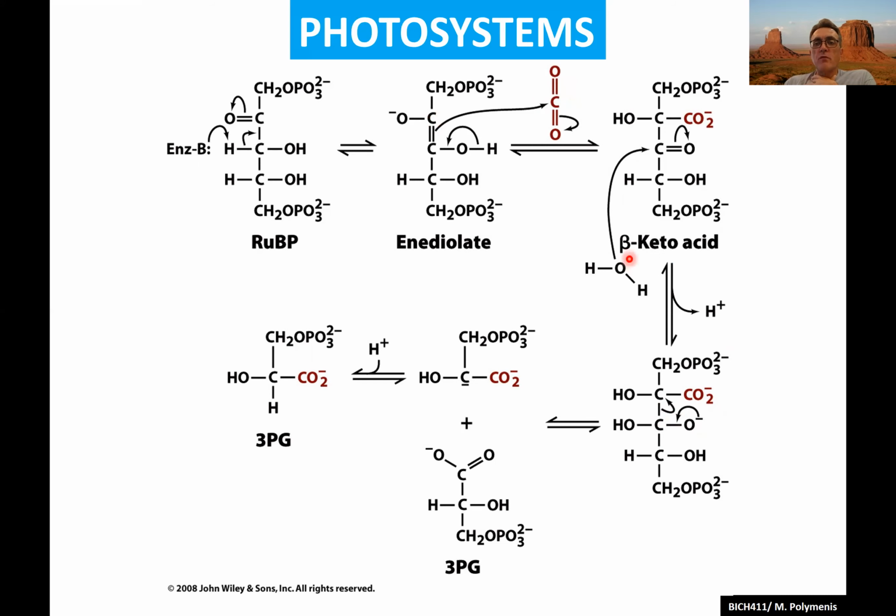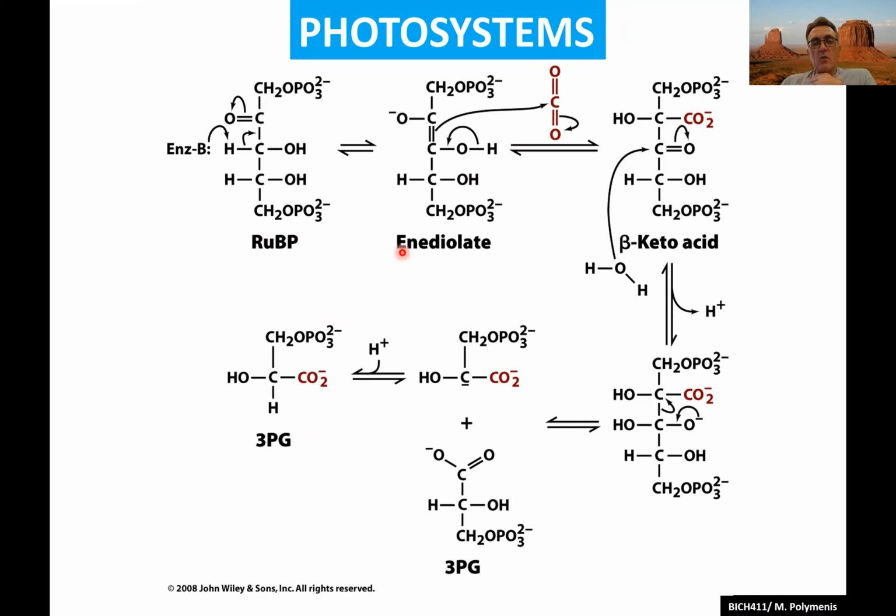First you have hydrolysis. You have the attack of water on that keto group. It will open up, and then when it closes back up to make the keto group, this carbon-carbon bond will go away. You generate your first 3-phosphoglycerate, and then you have a carbanion of a 3-phosphoglycerate. All it has to do is pick up a proton, and it becomes another 3-phosphoglycerate. So the bottom line, you got a 5-carbon unit.